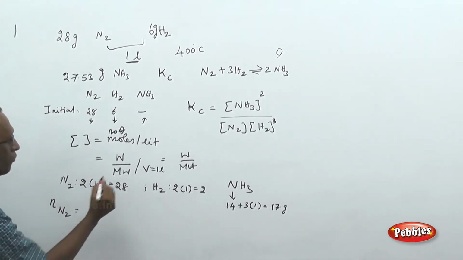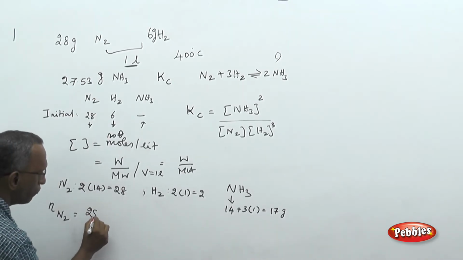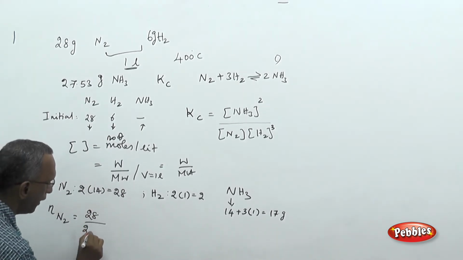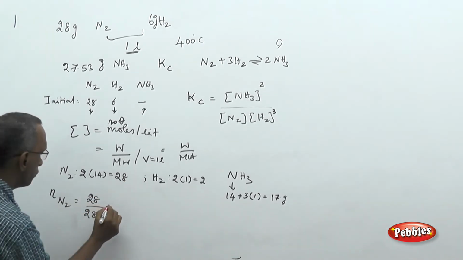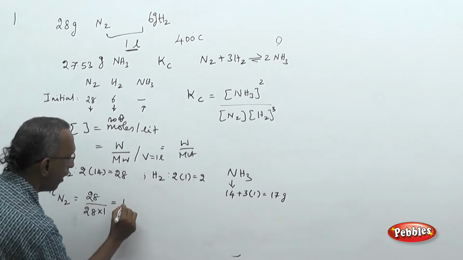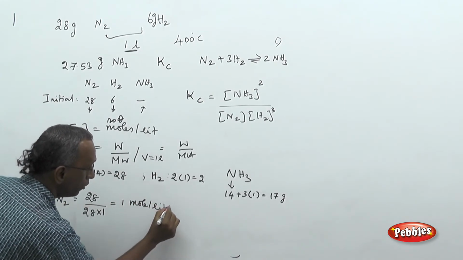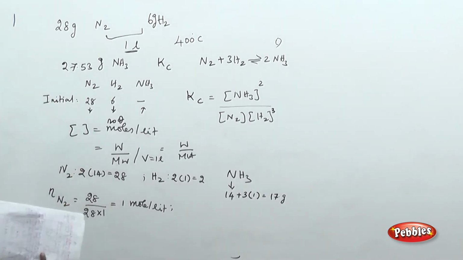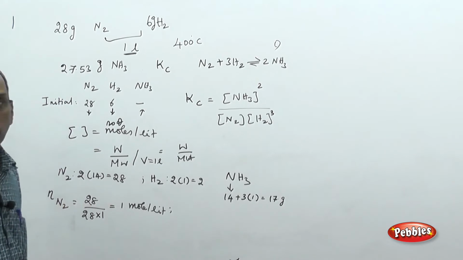So here the weight of nitrogen is 28. Molecular weight of nitrogen is also 28. The volume is 1. So moles per liter: 28 divided by 28 divided by 1 is 1 mole per liter.